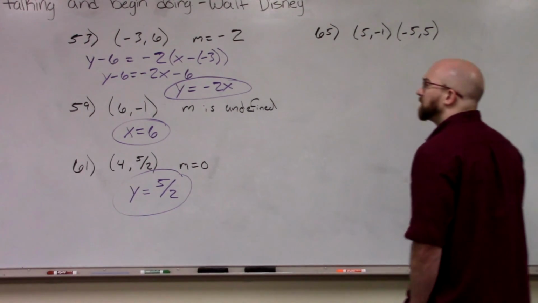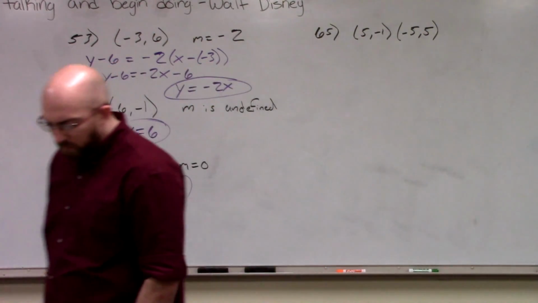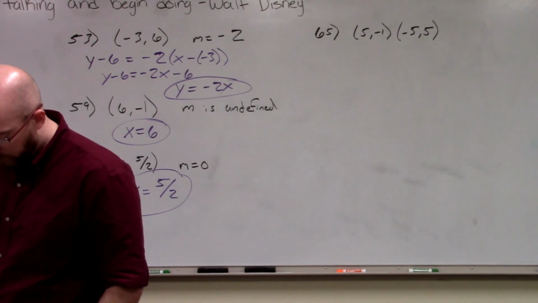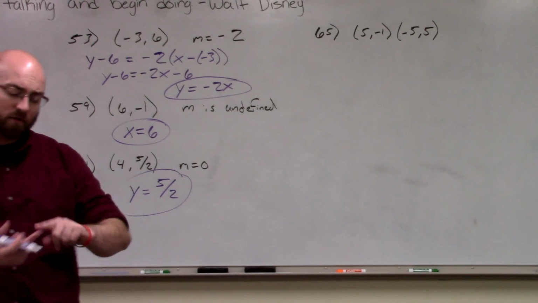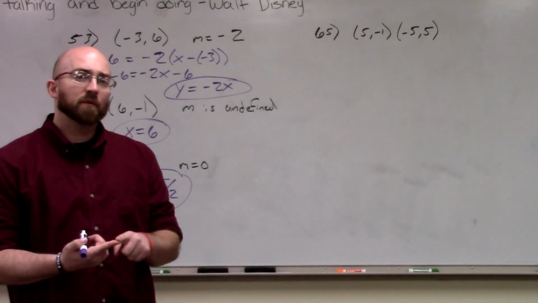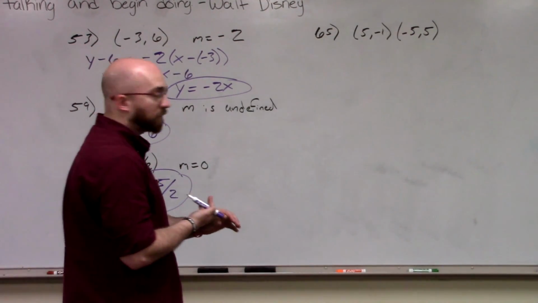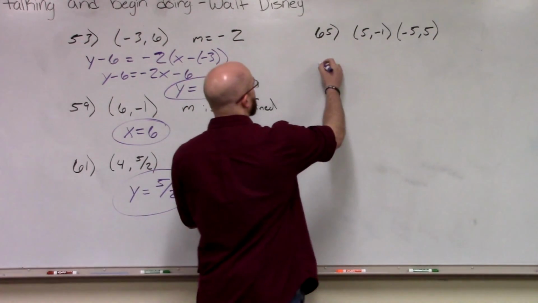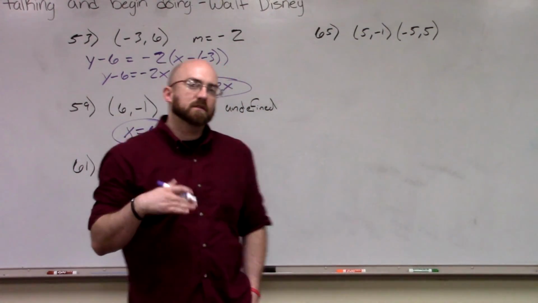Okay, moving on to our next one. 65. Our directions say find the slope-intercept form of the equation of the line passing through the points. So we have 2 points. We need to find the slope first, and then plug it into an equation to get our y equals mx plus b form. So slope, again, is just y2 minus y1, all divided by x2 minus x1.